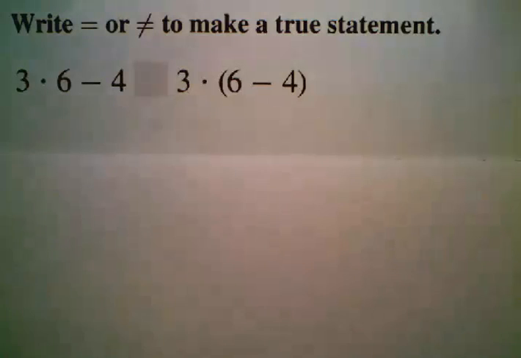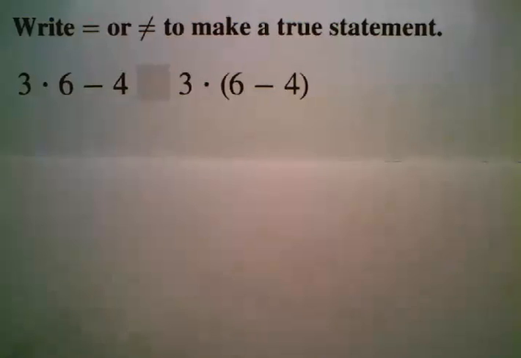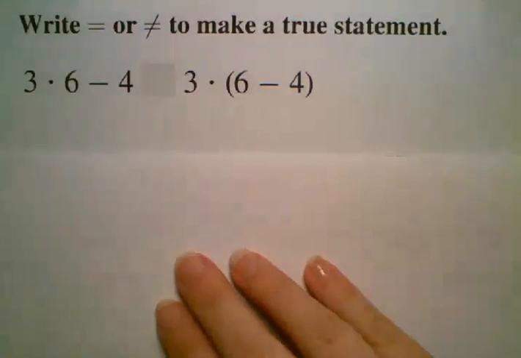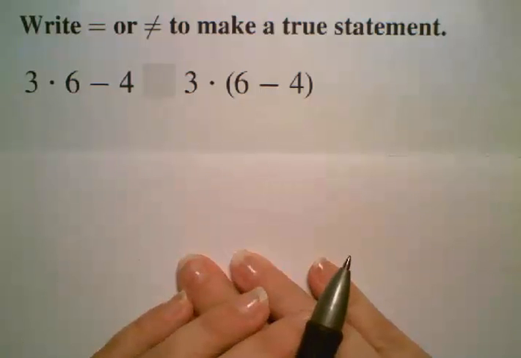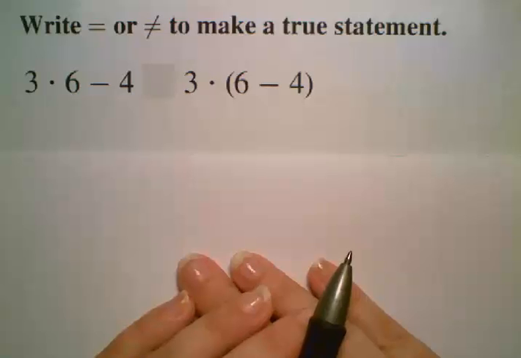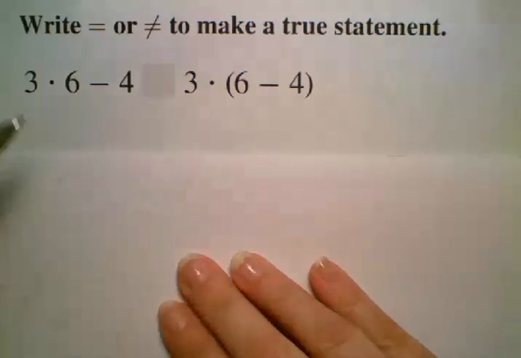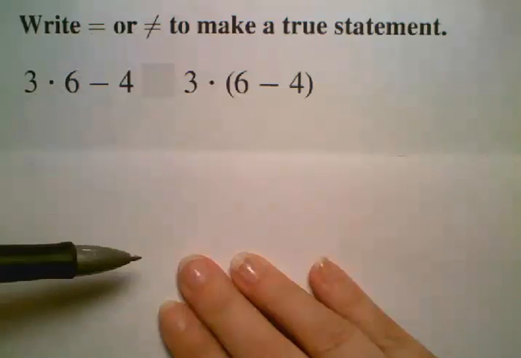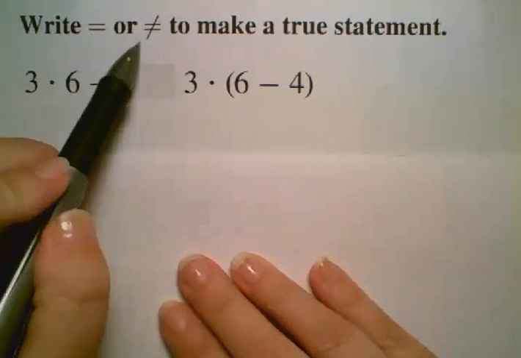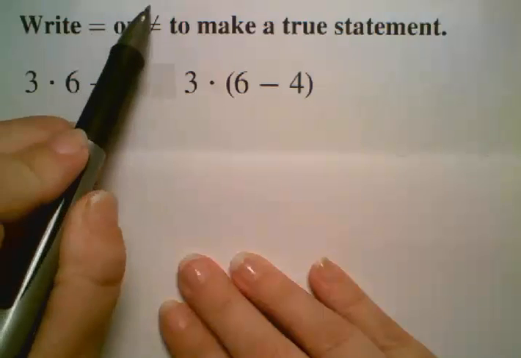So in this lesson, we are asked to decide if these two sides are equal to each other, which means, are they equations? So we're going to write in this box either equal to or not equal to. This is a sign that you want to get used to using for algebra.